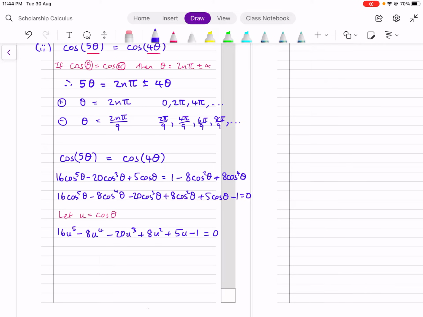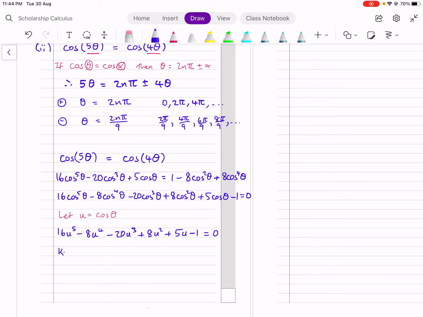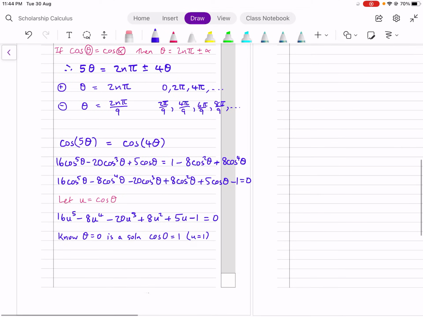And if theta equals 0 is a solution, that gives you u equals 1. cos 0 equals 1. So u equals 1 is an answer. You can check that real quick. 16, take away 8, minus 20, plus 8, plus 5, minus 1. Yep, that equals 0. So we can factor it out.